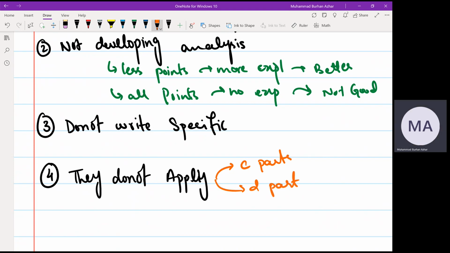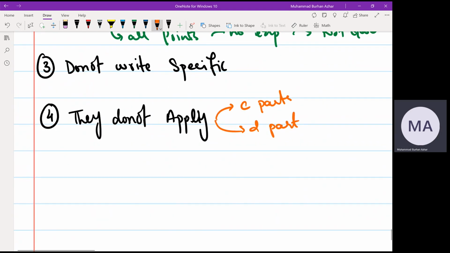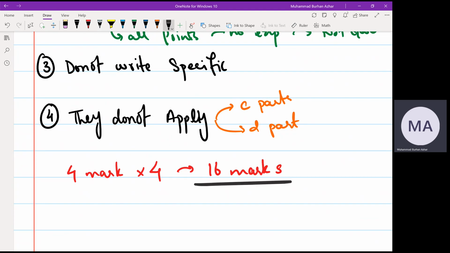If we see the importance of application, there are almost 4 marks for application in each question. Times that by 4 questions, that means 16 marks out of 80 are for your application. So if you did not apply, you're straight away losing 16 marks and that's a huge chunk of your paper.